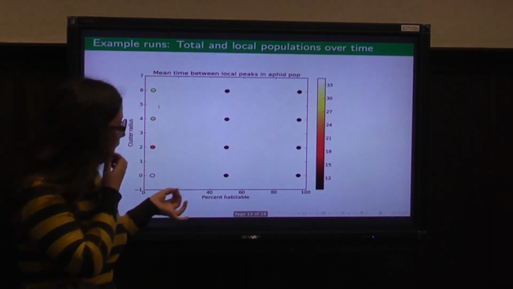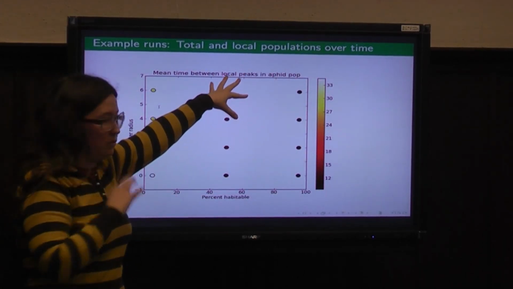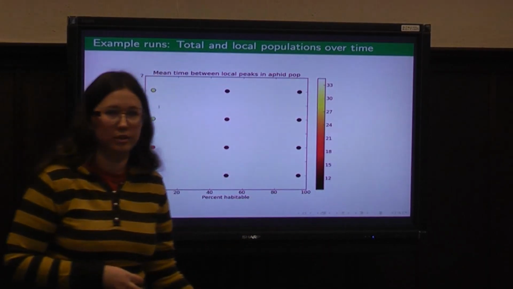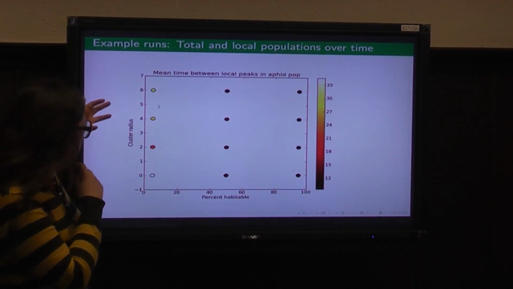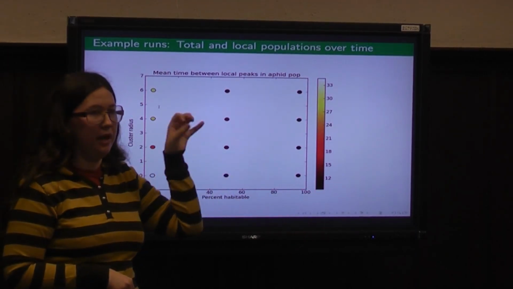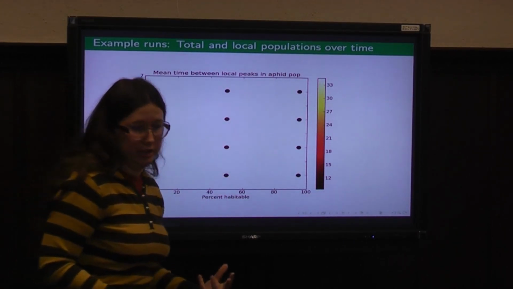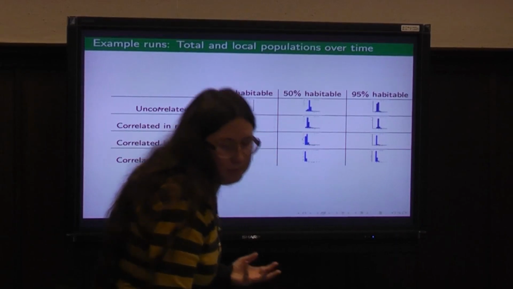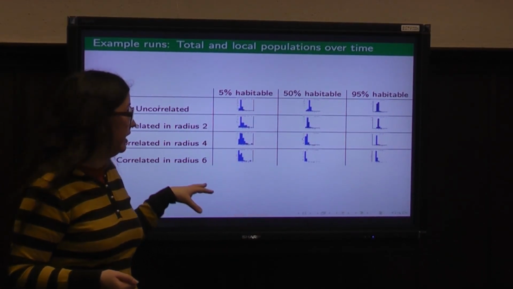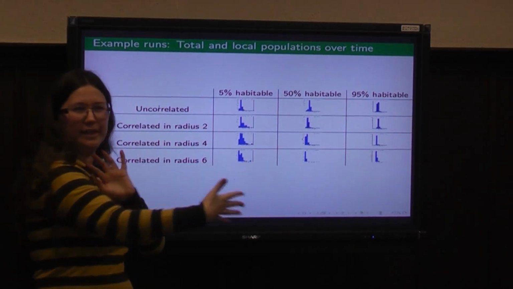Another thing we were looking at was that before, we saw this kind of quasi-periodic behavior in the local populations. I thought it might be neat to count up, at each patch, the time between peaks of local populations. If we toss everything in a histogram, one thing we notice quickly is that there's a difference in how widely spread these things are.